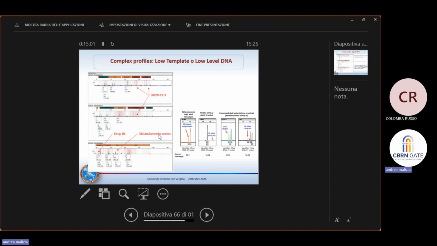This is called low template, this kind of DNA in which the DNA is not enough and the results are not so clear. Look, completely different. You have some dropout, as it is called, where basically you lose the signal. Or you can have artifacts. So the interpretation becomes really complex.